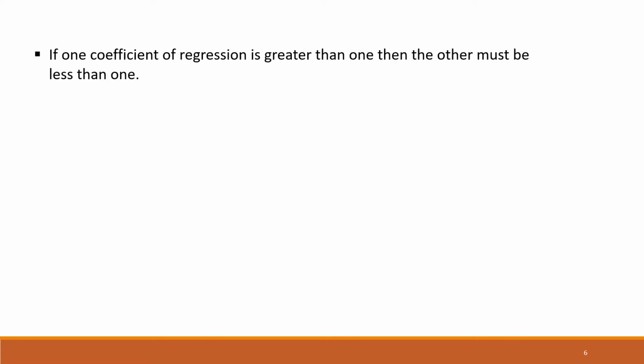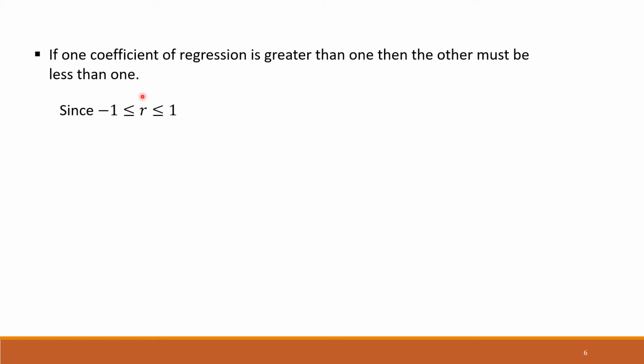The second property is: if one coefficient of regression is greater than 1, then the other one must be less than 1. Okay, if there are two regression coefficients, if one of the regression coefficient is greater than 1, then the other one must be less than 1.